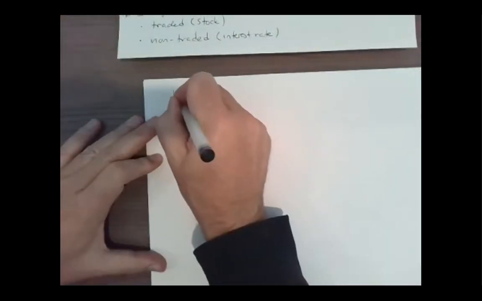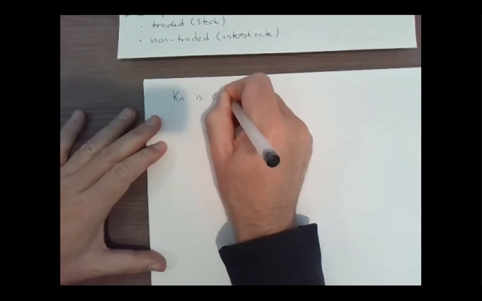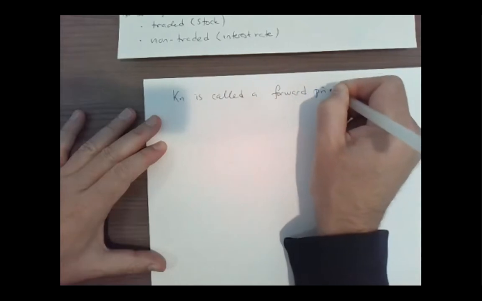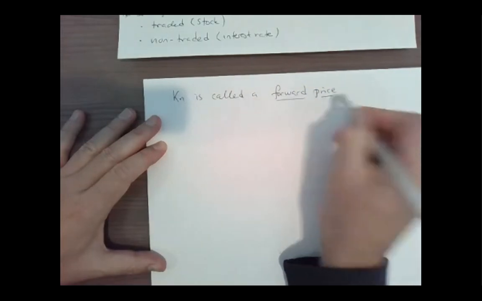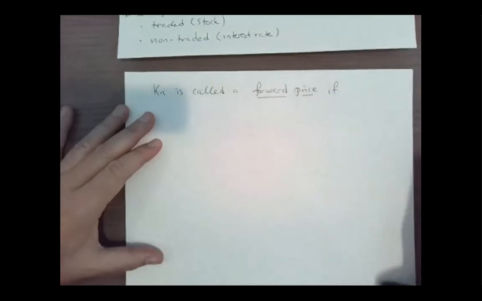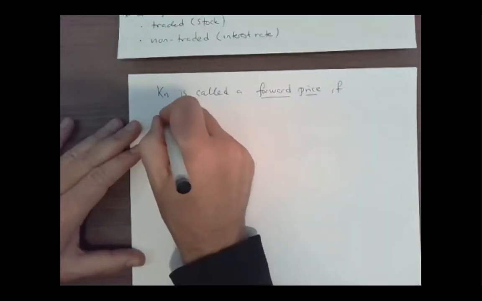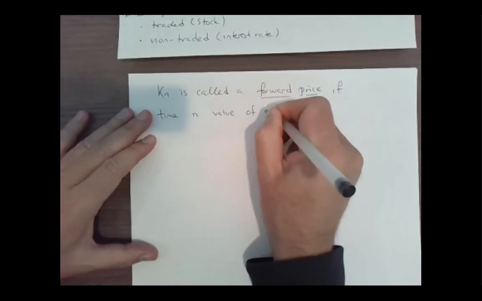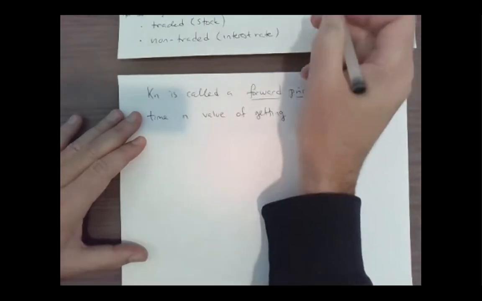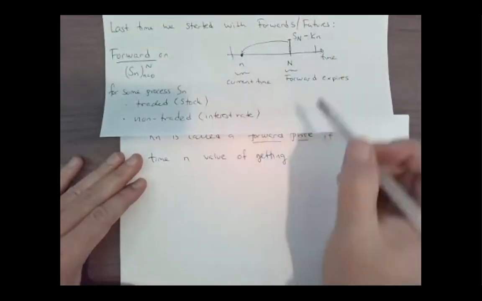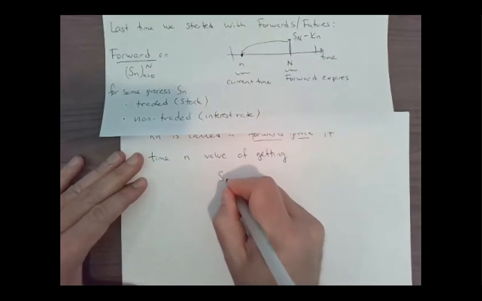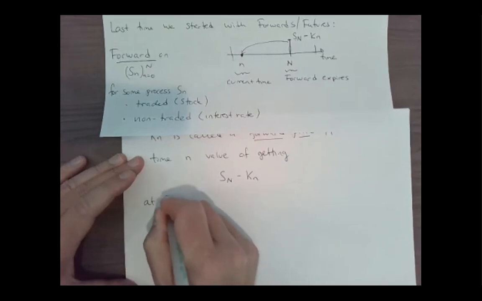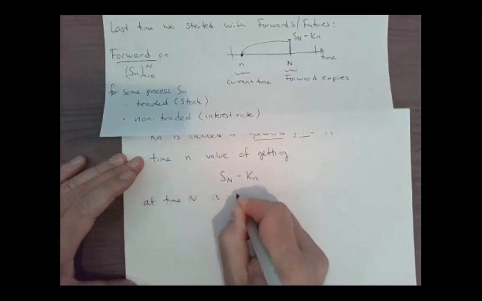K_n is called a forward price, so that's the keyword, forward price, if the time n value of getting this difference, S_N minus K_n, of getting this thing at time N is 0.